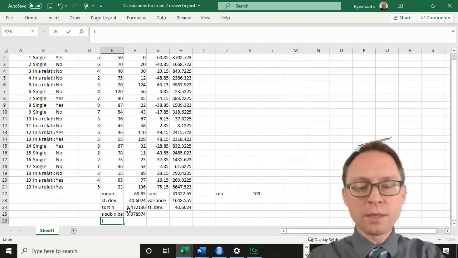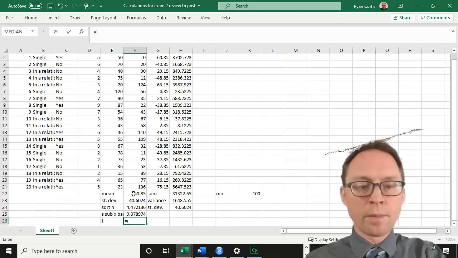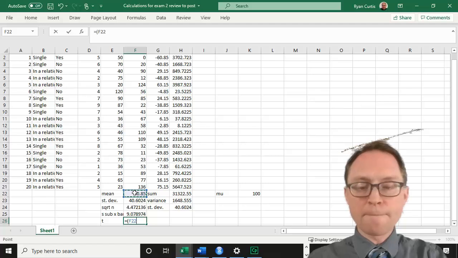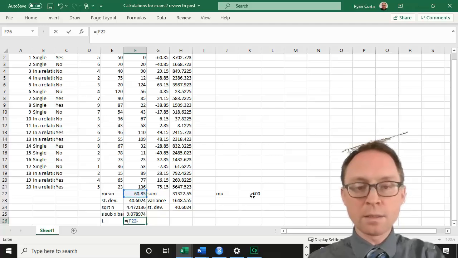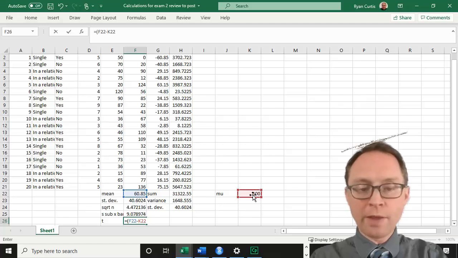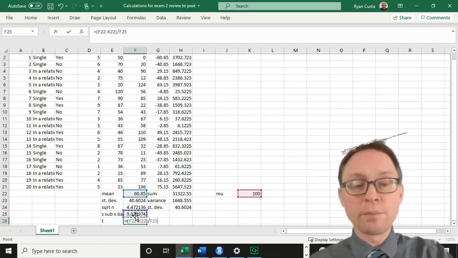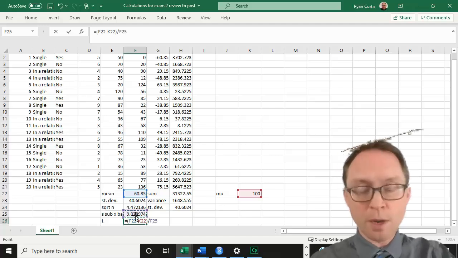Then t is going to be x bar minus the mu, and then I have that in parentheses to make sure that there's no mistaking, no dividing things when they're not supposed to, divided by the standard deviation of the means, which is S sub x bar.